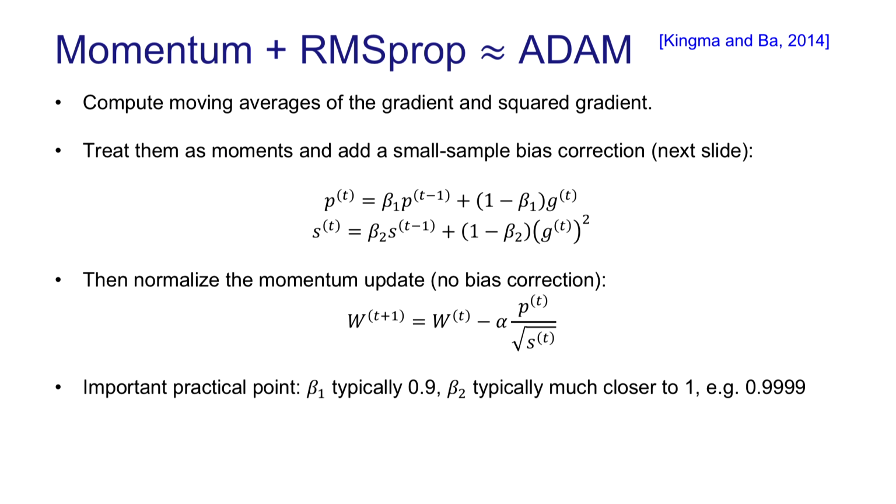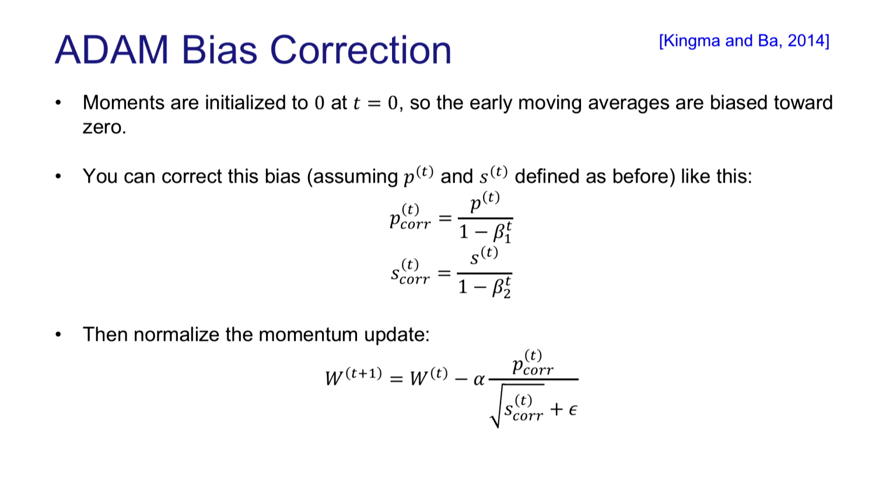So here you go. Here are typical values for beta 1 and beta 2. Bias correction: what they mean is that these estimates are biased relative to an exact moving average over time.